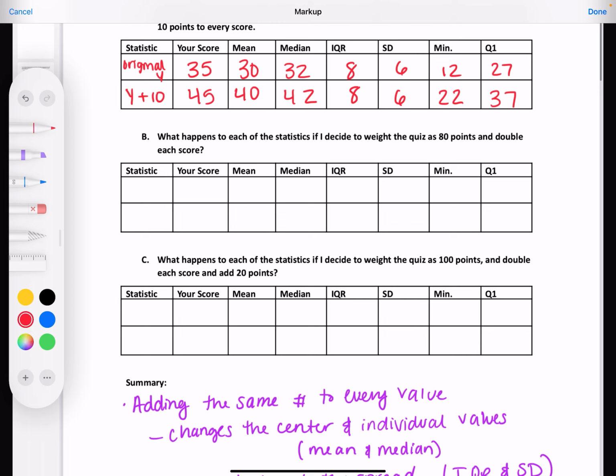Again, we would copy down the original set of numbers that we had. So it would be y times 2. Yep, so we have 2y. So then what does that give us going across? 70, 60, 64, 16.